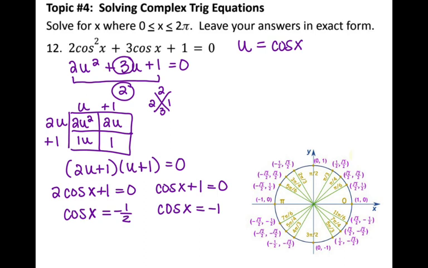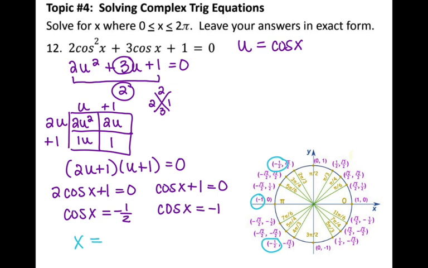And now I go back and look at my unit circle. So cosine's my x-coordinate. I want to find when my x-coordinates are negative 1/2 and negative 1. Negative 1/2 right here, negative 1/2 right here, negative 1 right here, and I think that's it.